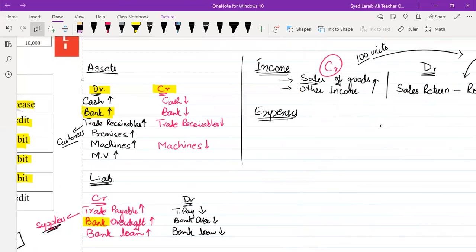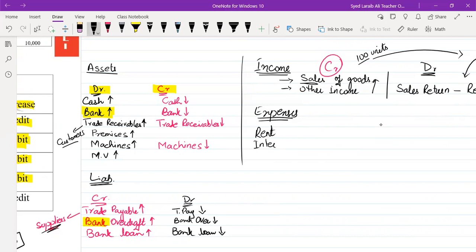For example, if the business has taken a place on rent, the business is going to take the benefit of that place, run the business there and earn revenue. So rent is basically the facility from which the business is taking the benefit, and it is called an expense.